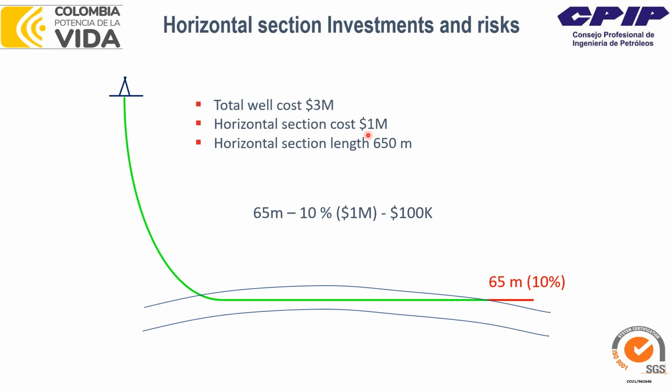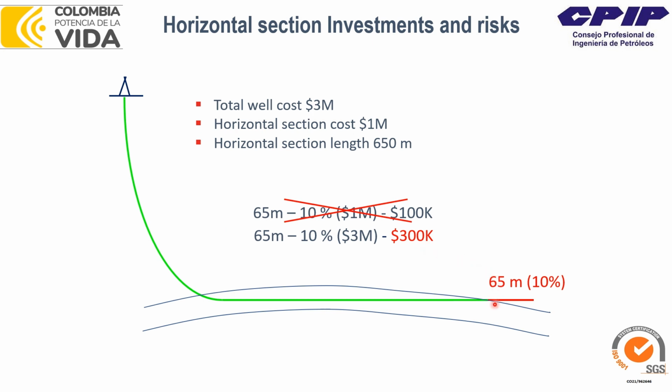But actually, if we think that for a horizontal well, all the upper sections, the liners and conductors and all this construction, all this investment was done just to get 650 productive meters in the pay zone. And once you lose 10% of the production pay zone, it means you just lost 10% of the total well investment, which is actually 300K.